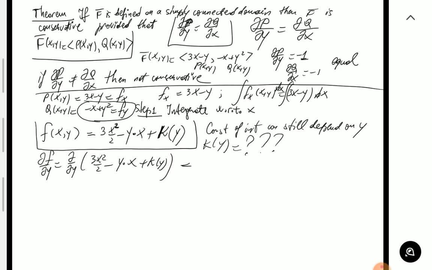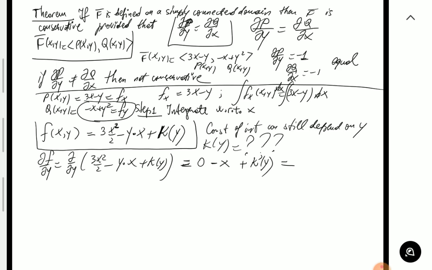So what is partial y? That's going to be 0, because that's with respect to y, minus partial y of minus yx, which is minus x, plus the derivative k prime of y, right? That's a single variable function, so it's just k prime of y.